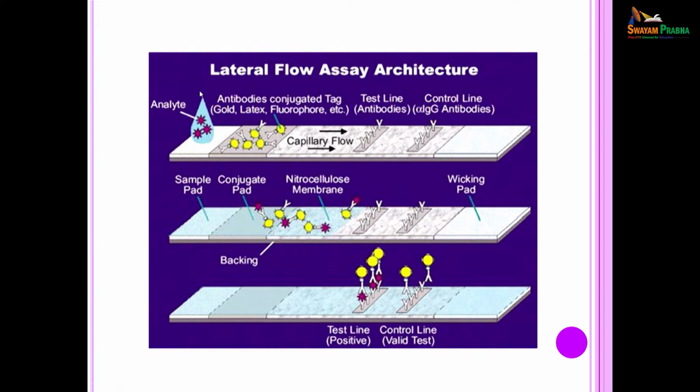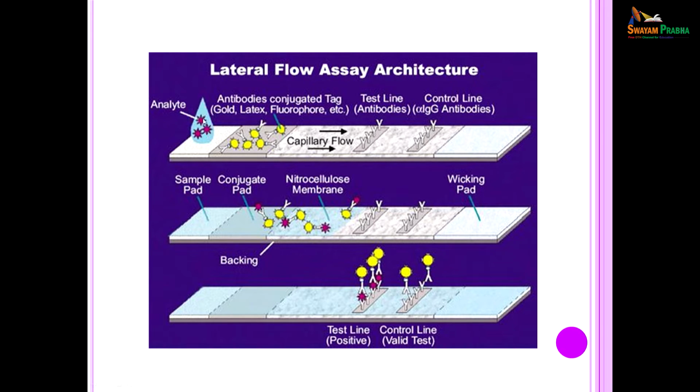You have what are known as the lateral flow assays, in which you have the patient sample which contains antigen. You will have antibody over here which has been labeled either with gold, latex or a fluorescent stain, and you will have a line of antibodies here and a control line.